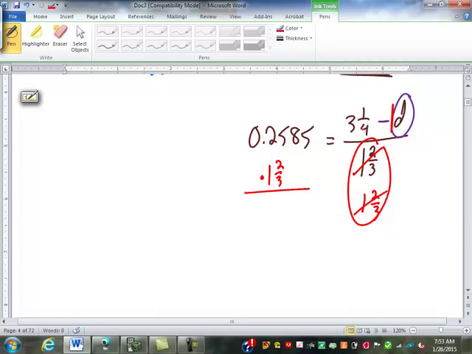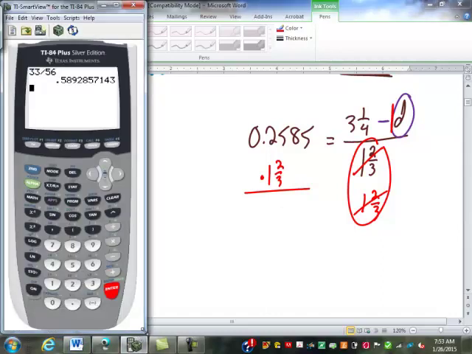Well, now this is going to take a little bit of work. We've got 0.2585 times 1 2/3. Now I said the other option, instead of keeping it as fractions, is to keep it in the calculator. So I'm going to put in my 1 2/3 first, because my calculator isn't a fraction calculator, so I have to fool it into doing 1 2/3 like that. Times 0.2585. Even though that is rounded on the calculator screen as 0.666666667, as long as I keep it in the calculator, it's not going to round it off.